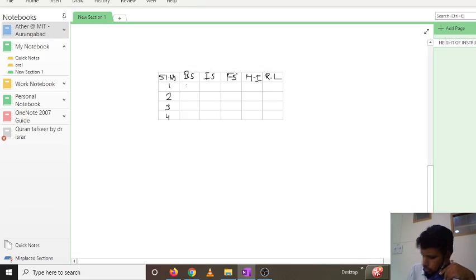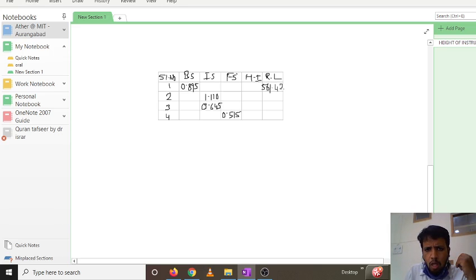Only one backsight reading, there is 0.895. Intermediate sights we have taken two, this is 1.110, 0.645, and finally the foresight is 0.515. The RL of the first point is 561.425.